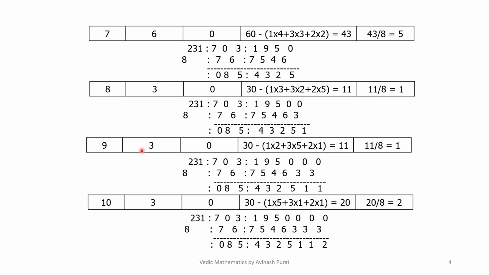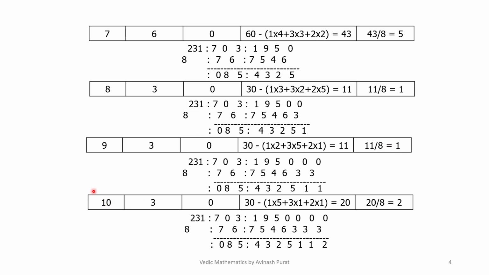Ninth step, 3 is remainder and 0 is dividend. So 30 minus 1 into 2 plus 3 into 5 plus 2 into 1 equal to 11. So again 11 by 8, that is 1 is the quotient and 3 is the remainder.